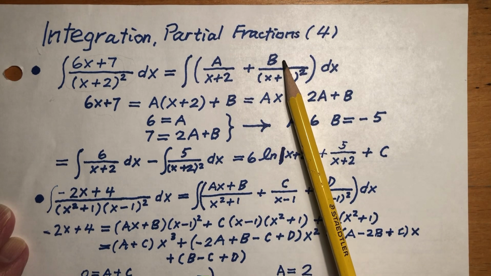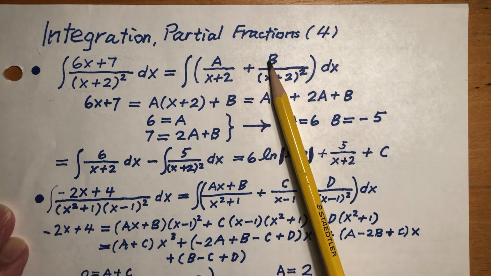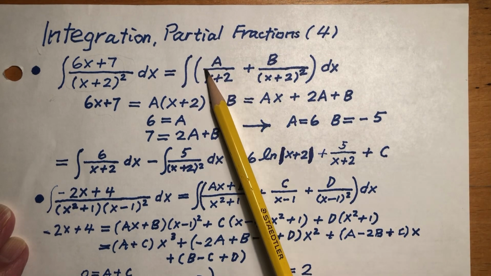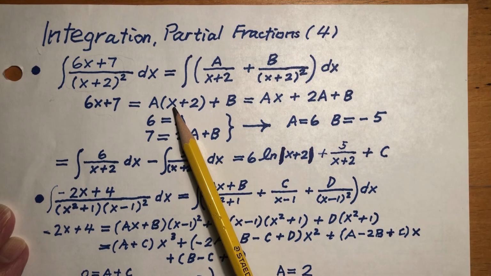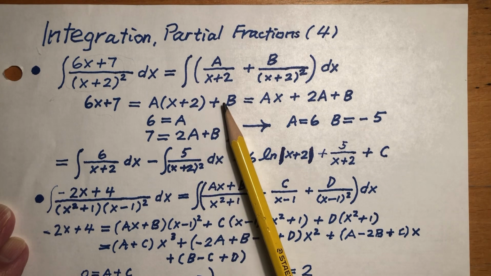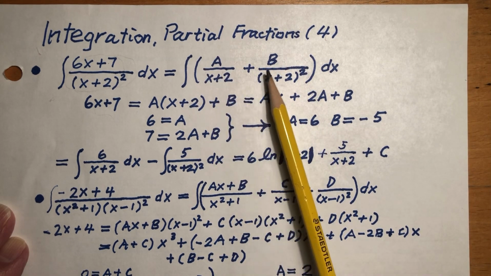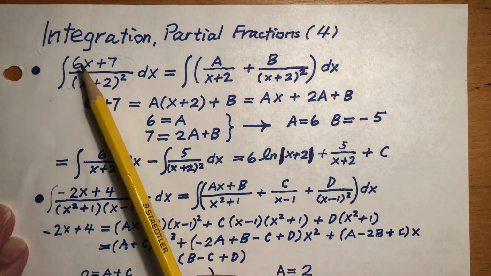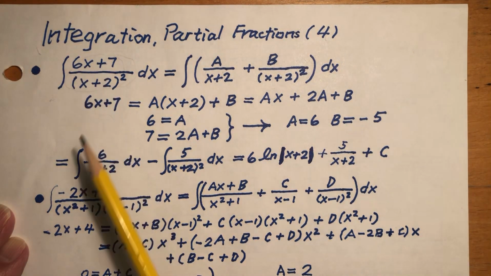B is just itself. So the numerator of this part is A times x plus 2 plus B. That's the numerator here. Then this numerator must equal to this numerator.